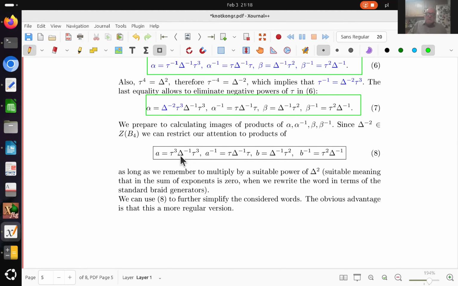The difference is that we have delta to negative 2 appearing several times. And if we just have the word written in these terms, A, A inverse, B, B inverse, we can easily recover that because, as you may easily see, when you write those terms, alpha and beta, let's go back to them.